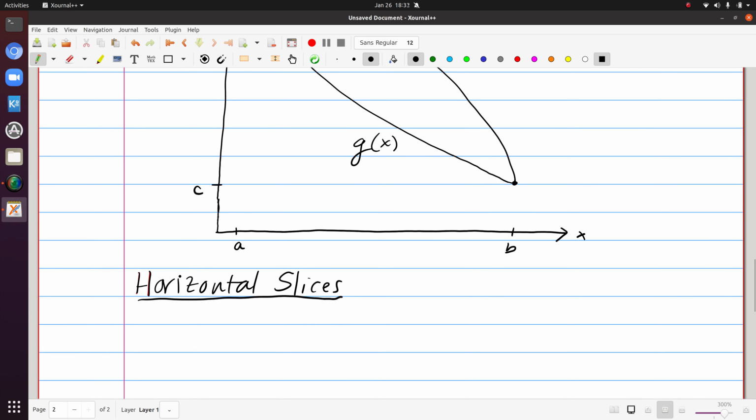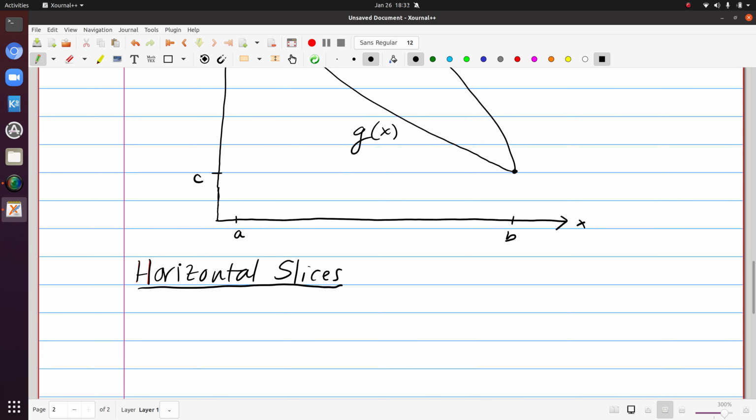I'm going to take my interval of y values and chop that up into n equal pieces. So I take the length of that interval divided by n, and I'm going to define my y sub k as the smallest y value, c, plus k times that change in y.